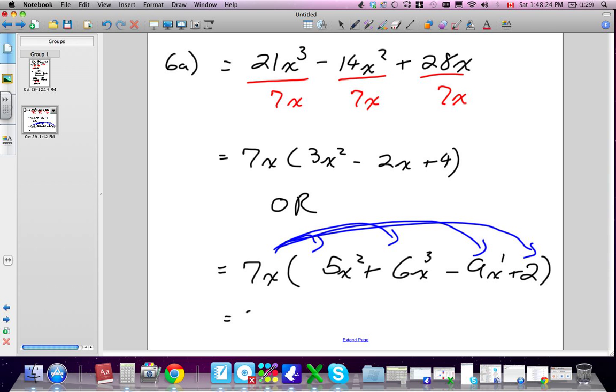X times x to the power 3 gives us x to the power of 4. 7 times 9, negative 63, because it's a minus sign. And x times x. And finally, 7 times 2, 14x. And there you have it.